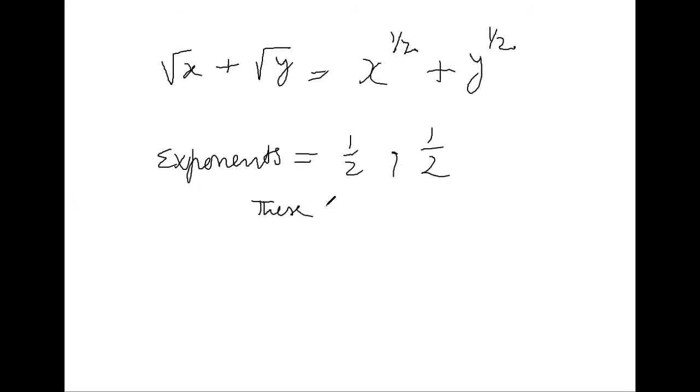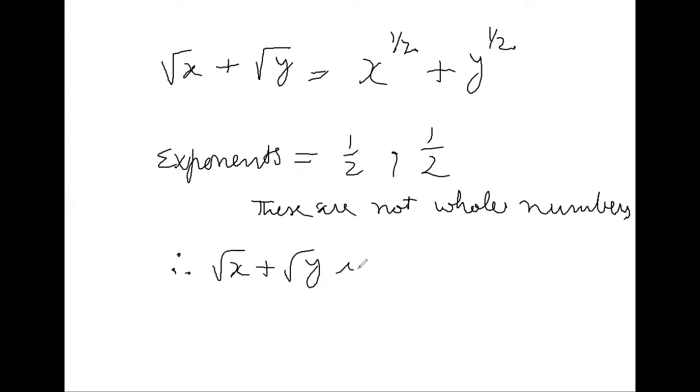Write down: these are not whole numbers. Therefore, square root x plus square root y is not a polynomial. Write fast. This is how you will solve question number 1 of the exercise.